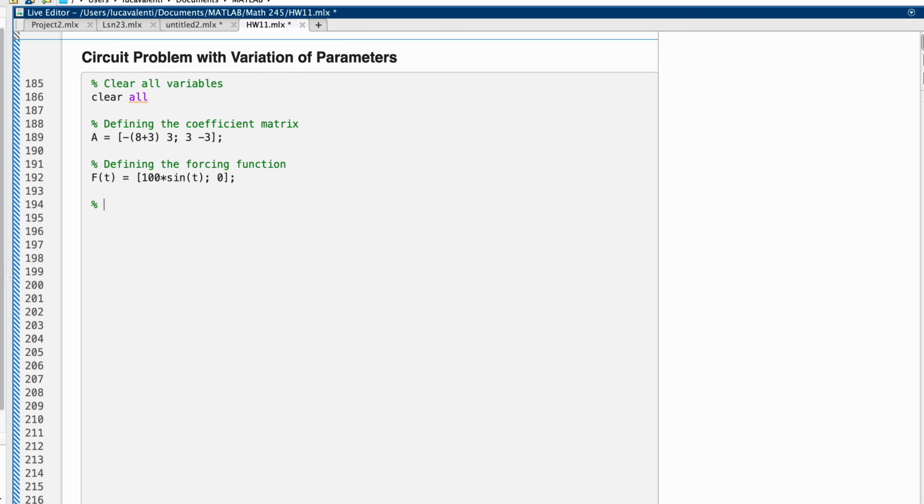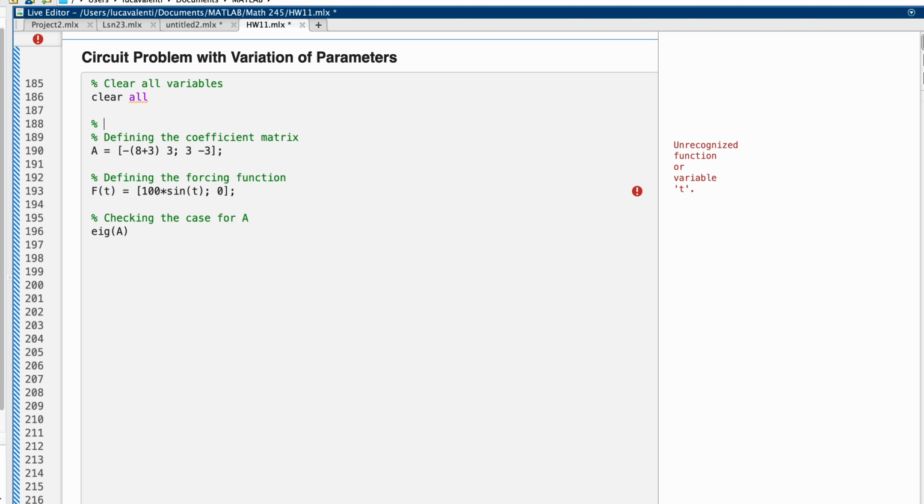Now that we have this, we check the case for A, because we might have one of the three cases: complex, distinct, or repeated. So I'll use eigen and check for A. Press Control Enter, and it's telling me it doesn't know the variable t, so let's declare my variables.